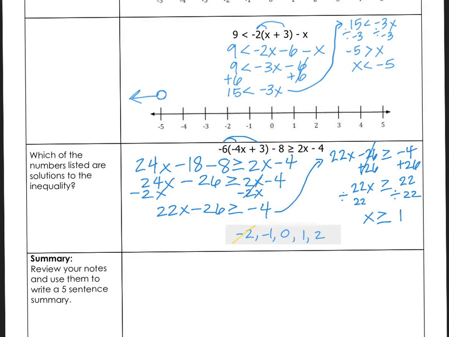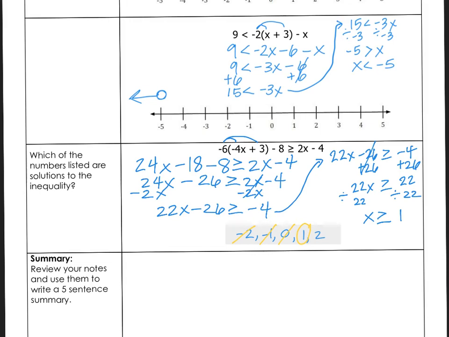No, that's not true. So -2 doesn't work. -1 is greater than or equal to +1. No, that doesn't work. 0 is greater than or equal to +1. No, that doesn't work. 1 is greater than or equal to +1. Yes, that's true. If it was just greater than, then no, it wouldn't be true. However, since the symbol is greater than or equal to, it works.